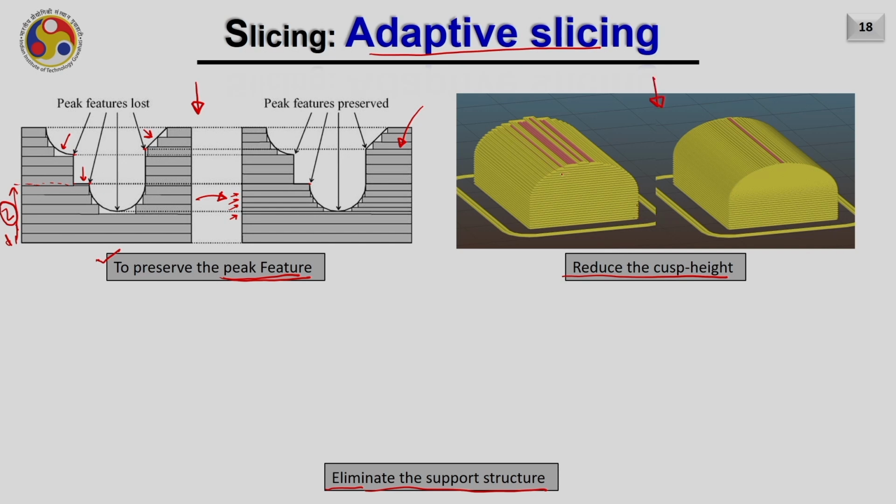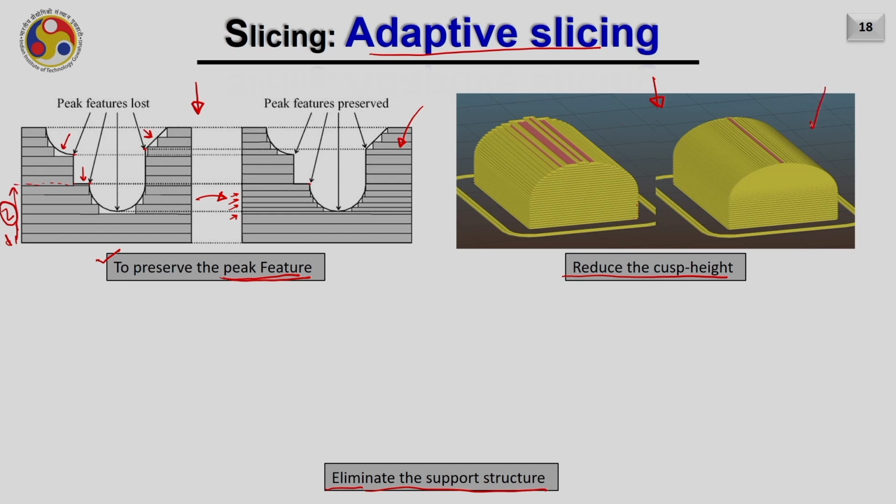Obviously, we know that the part will be close to the actual shape if the layer thickness is less. But we have to compromise in that case on the time to build the part. Therefore, we should wisely choose the height of the layer: when there is no overhanging feature or slant feature, we use a high layer height, and when the slant features are there, we use the layer height appropriately.